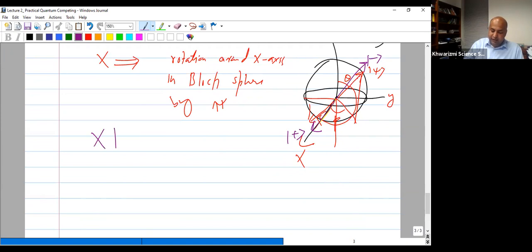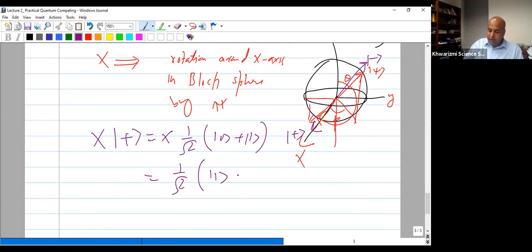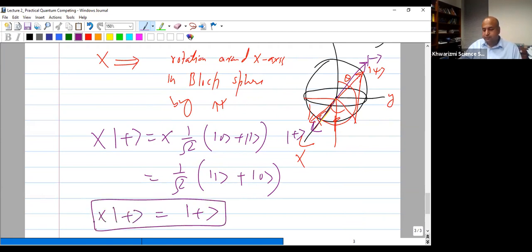If I apply X gate to plus state, so plus state is the superposition of 0 and 1. When this X goes inside, this 0 becomes 1, and this 1 becomes 0. So I can rearrange it again, I can write it 0 plus 1. So this is again plus. So X gate does not change the plus state.